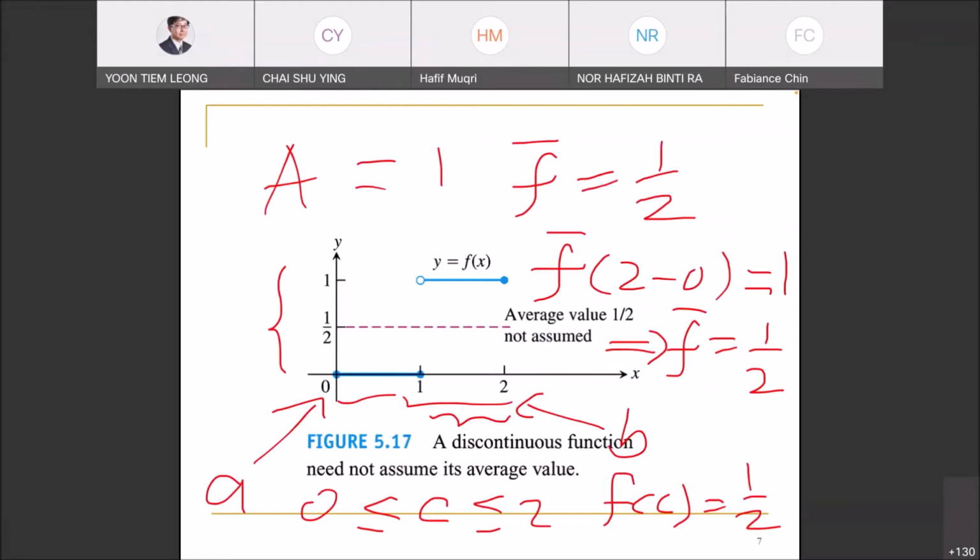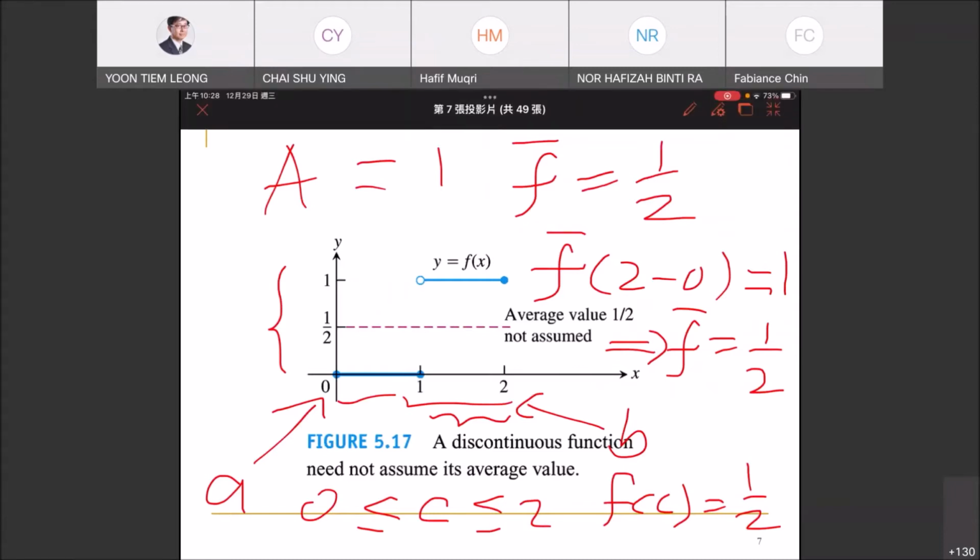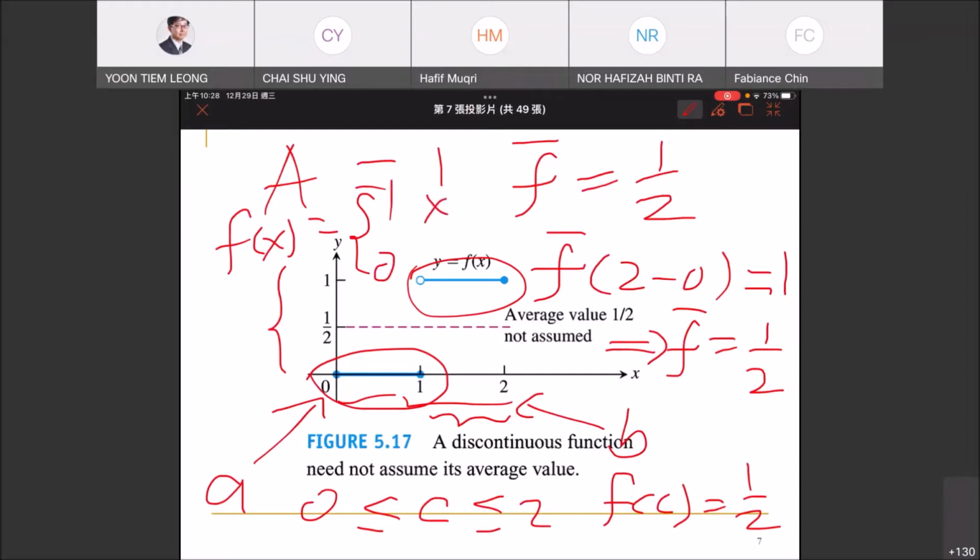The function is only defined to be either 0 or 1, right? So the function f that is shown here is a piecewise function that is either 0 or 1. That is, for x which is larger than 2, the function is 1.